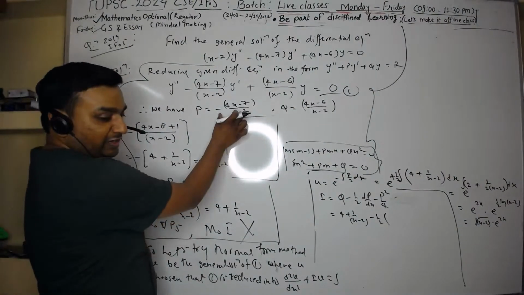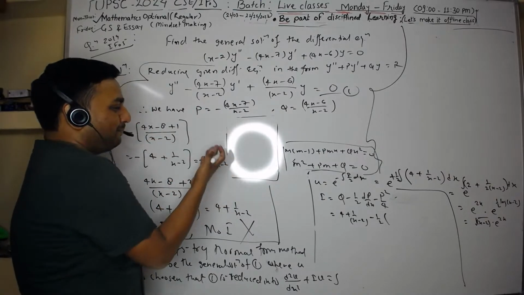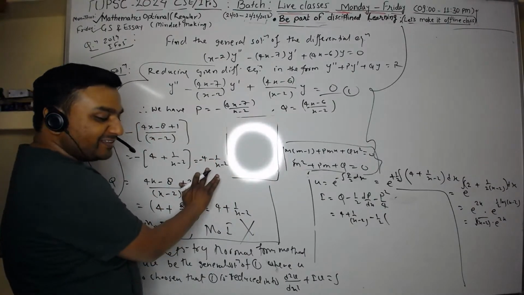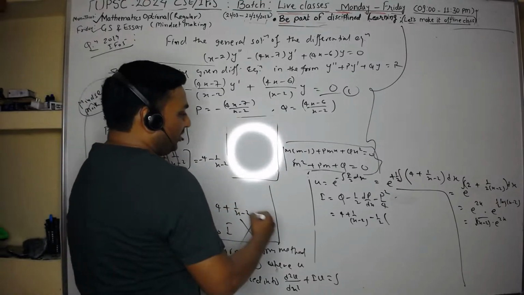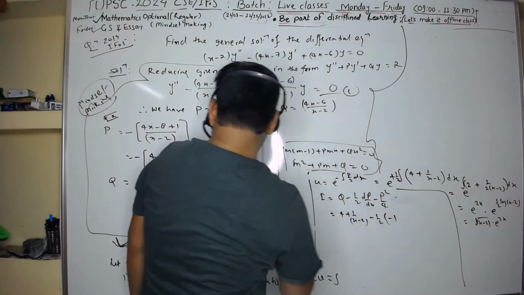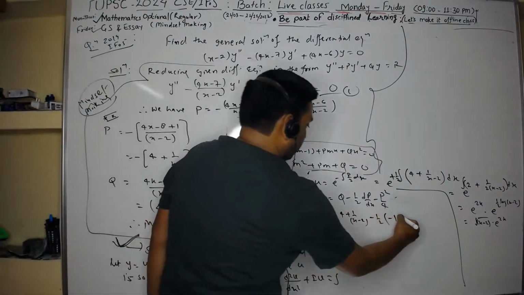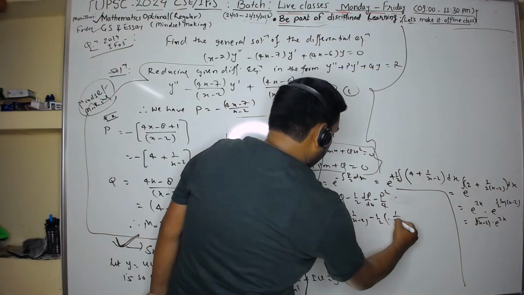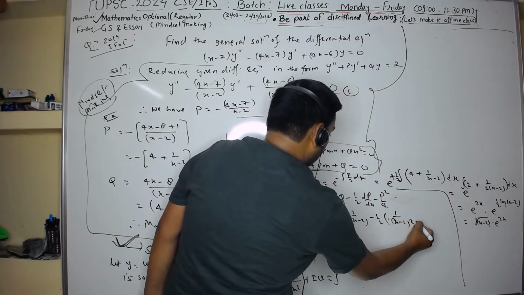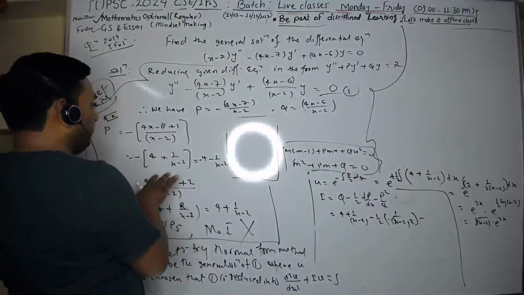See, if you are working here, you will feel like क्या करें यार, panic. Always make a simpler form. dp upon dx क्या हो जाएगा? 4 का 0 और minus 4 is 0, minus का plus 1 upon x minus 2 का whole square, right? So 1 upon x minus 2 का whole square, that is dp over dx minus p square by 4.